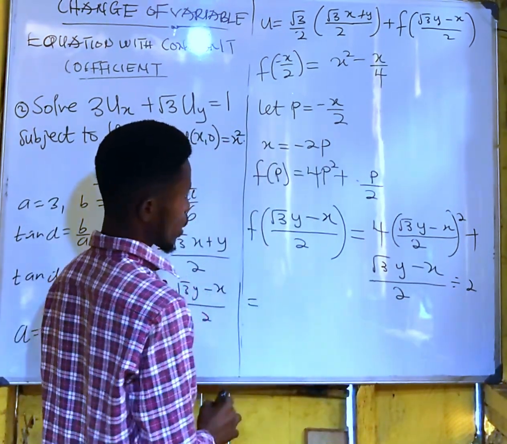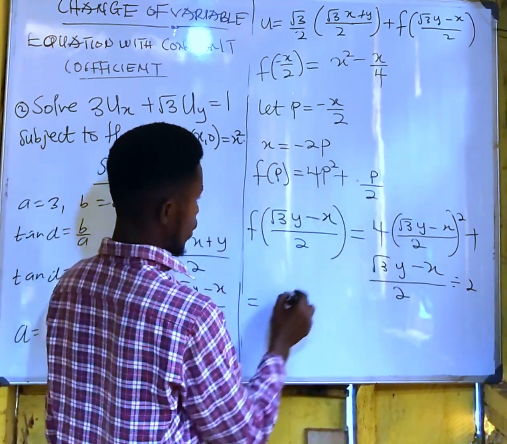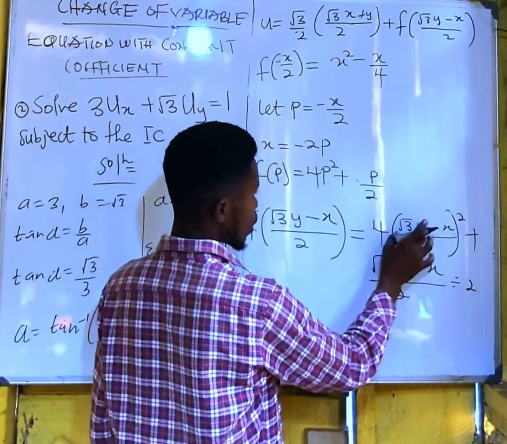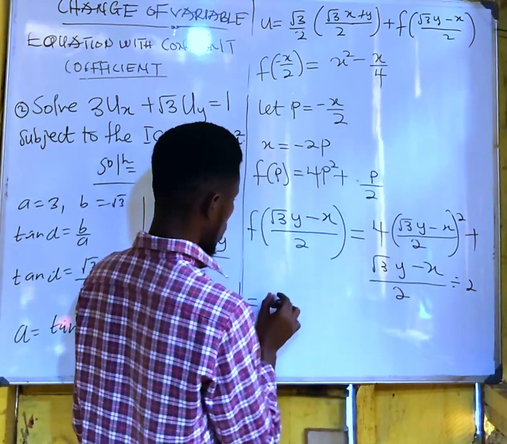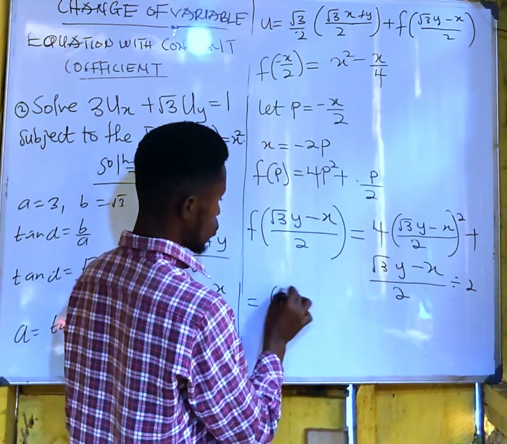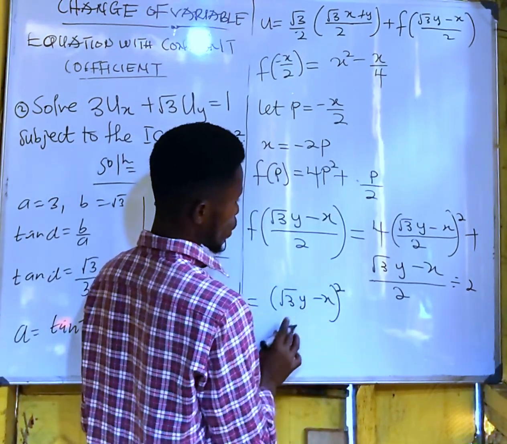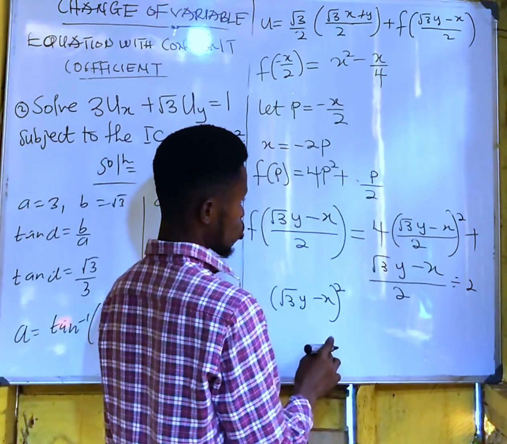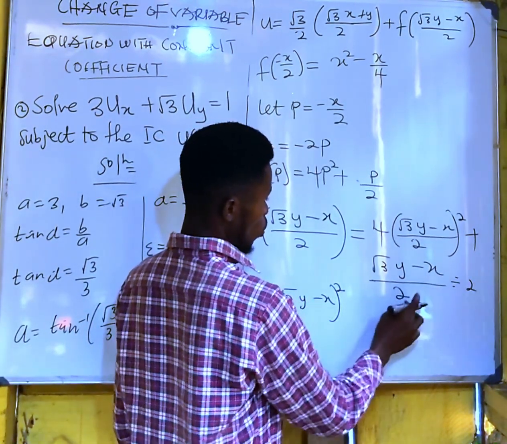So what it means is that if I open a bracket here, this 2 squared will give us 4. The 4 will cancel this, leaving root of 3y minus x squared. Is that okay? And also, due to the division, these two multiply this one.